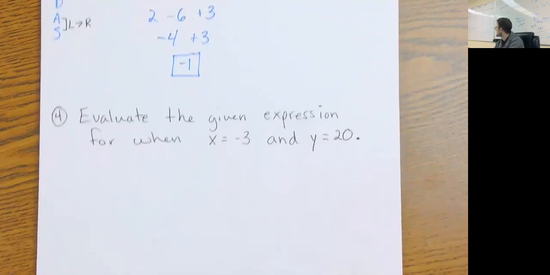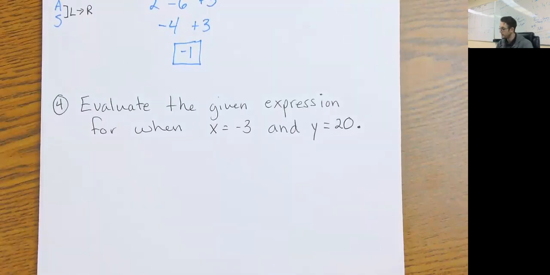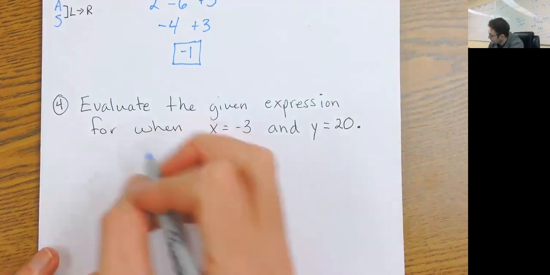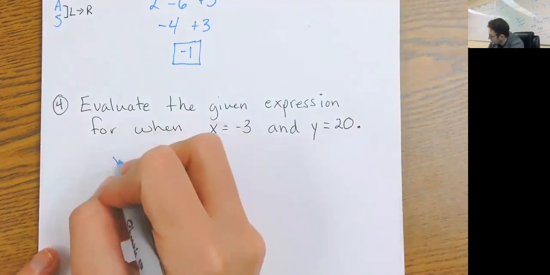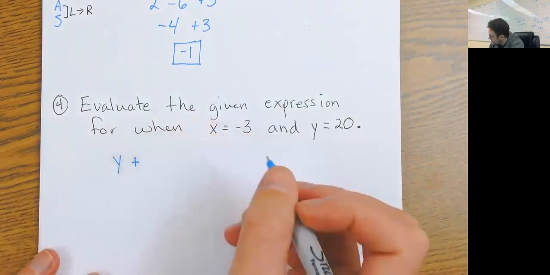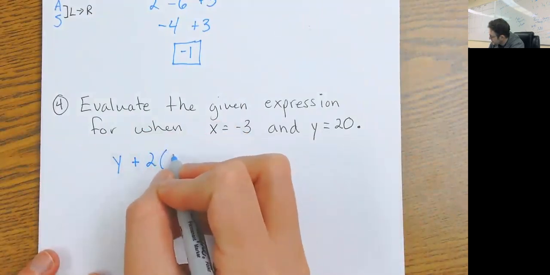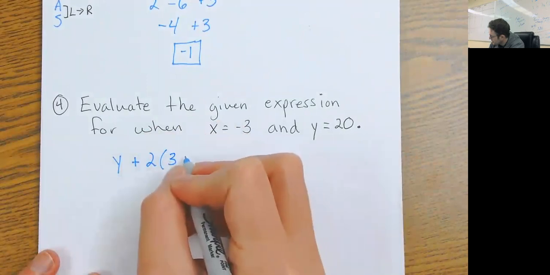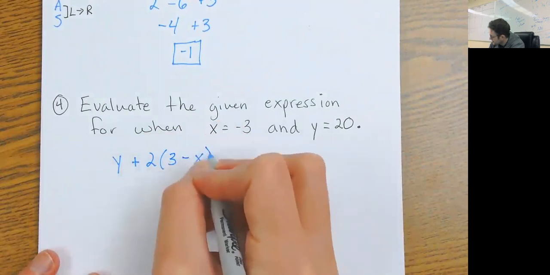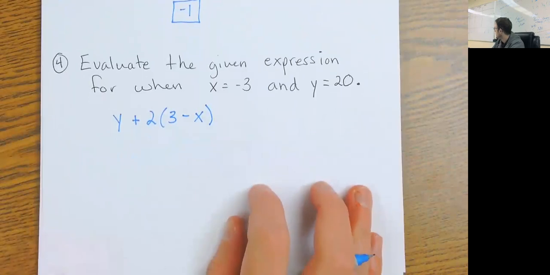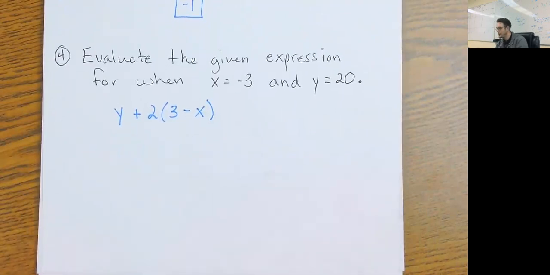So now you get your given equation. Let's say y plus 2 times 3 minus x. This one's going to have a little bit more to it, being the last one, working up in difficulty.